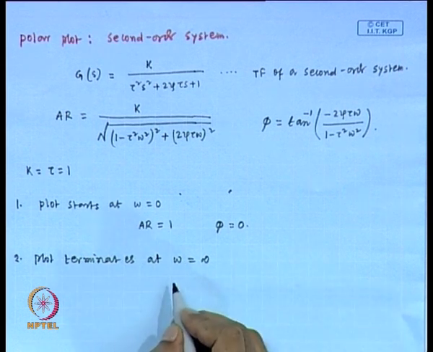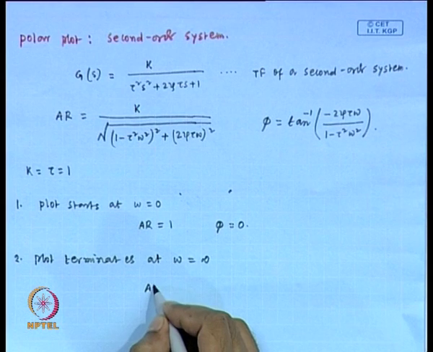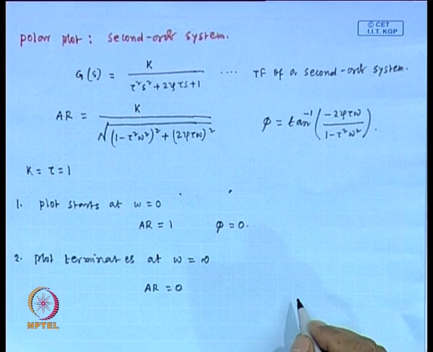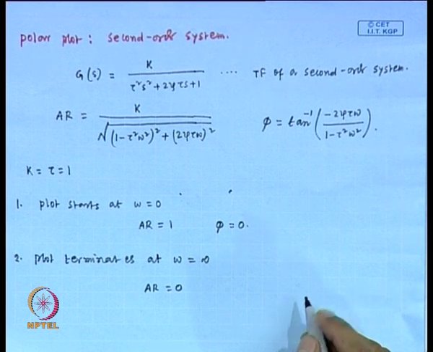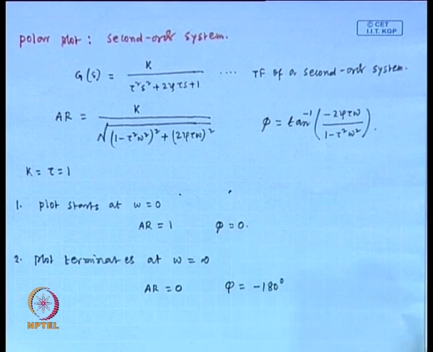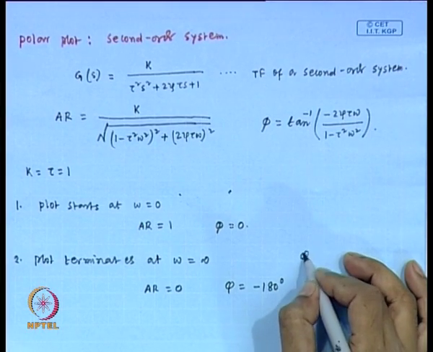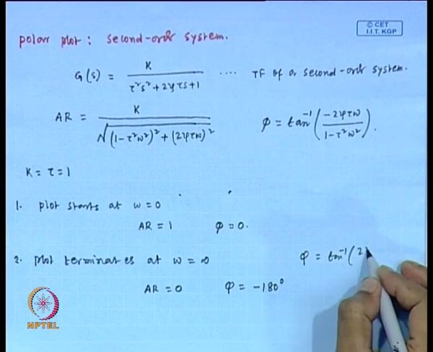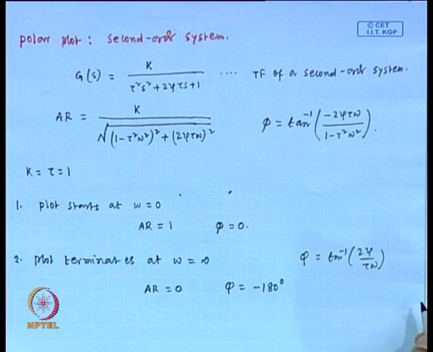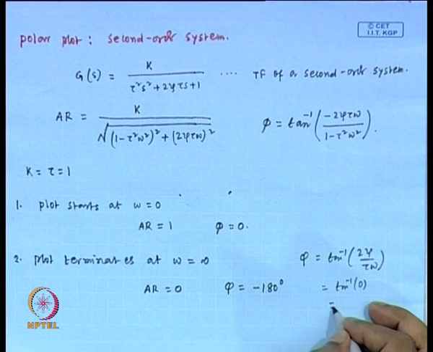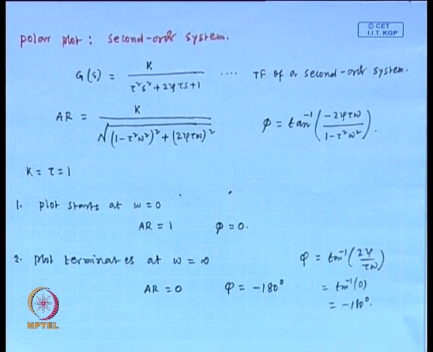Now, if this is the case, then how much is amplitude ratio? 0. How much is phi? Phi is minus 180. Phi we can write as tan inverse of 2 zeta tau omega, tan inverse 0, and this we consider minus 180.